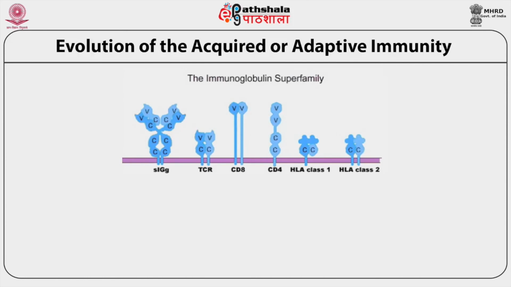The immunoglobulin superfamily is shown in this figure. As we can see, T cell receptor, the CD8, CD4, HLA class 1, HLA class 2 are all part of the immunoglobulin superfamily.